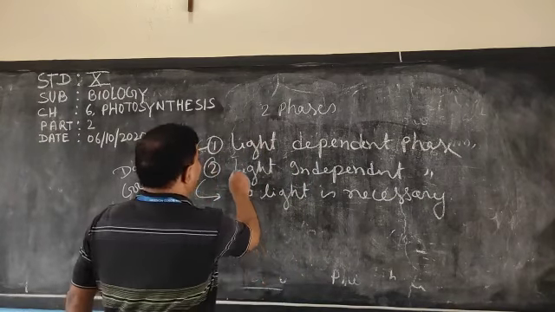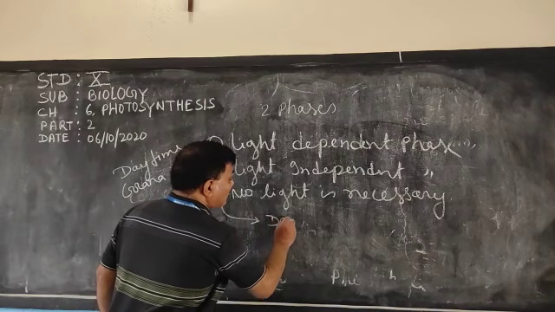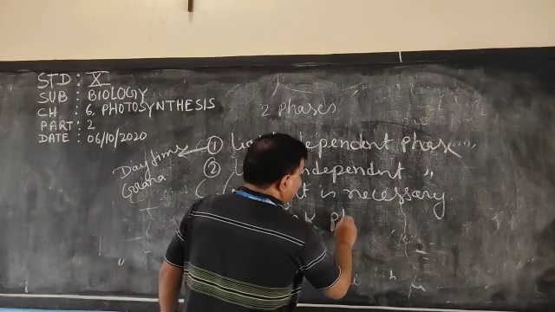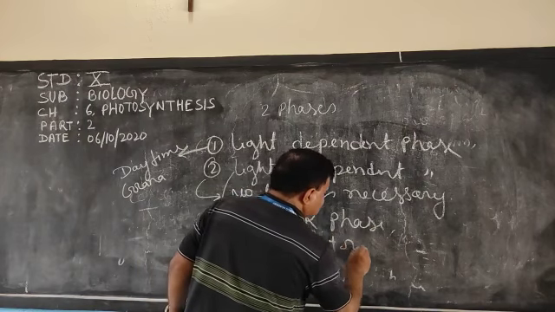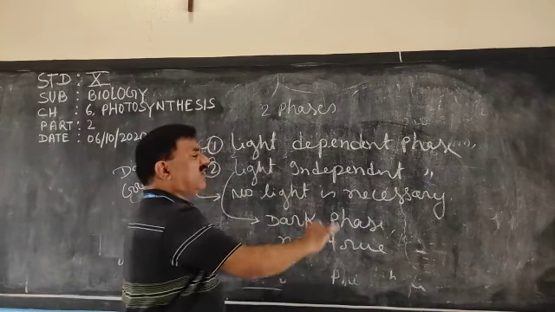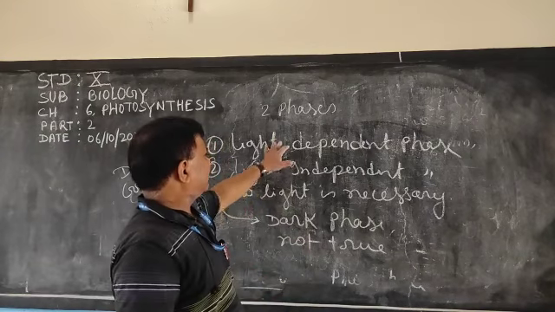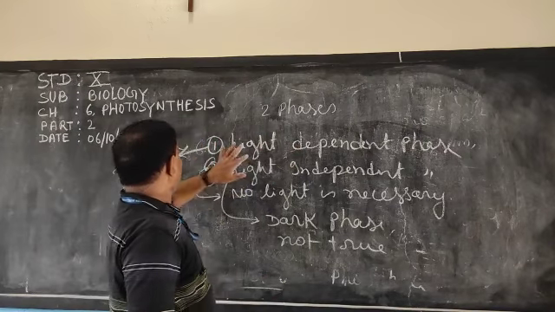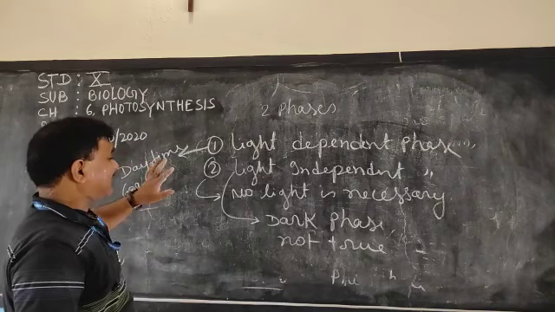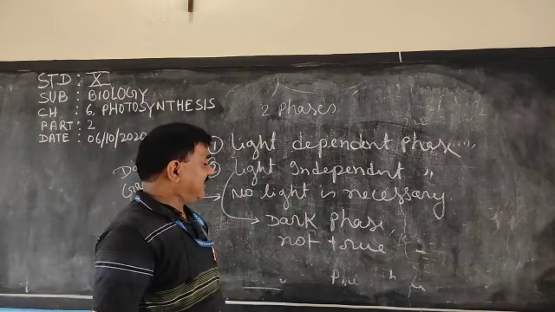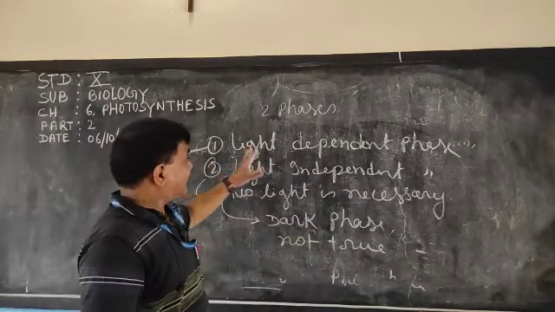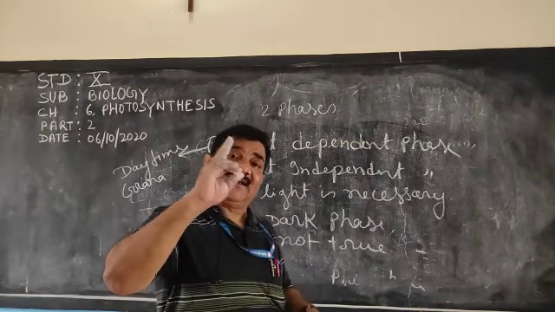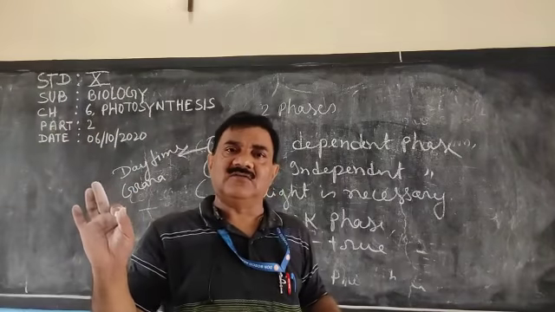Earlier it was called the dark phase, which is not true. Simply it does not require light, and the other requires light. The light dependent phase takes place during daytime in the grana, and the light independent reaction, where light is not necessary, will take place simultaneously during daytime and night time also.